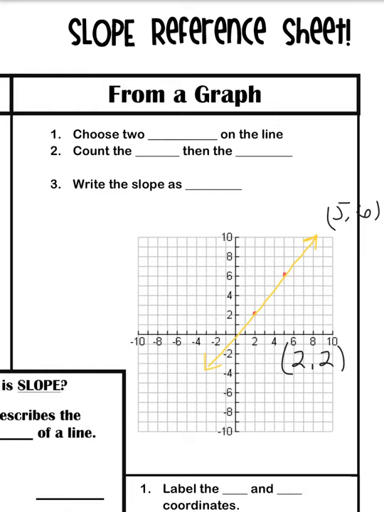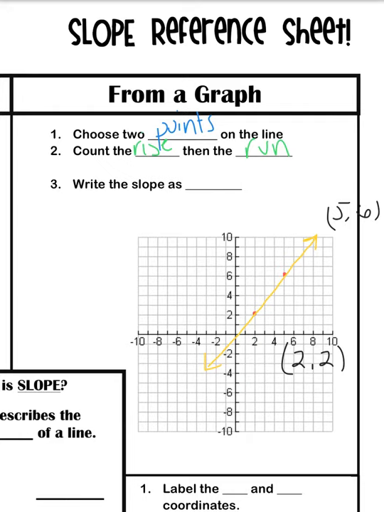Once again, let's fill in our blanks here and go over how we find the slope from a graph. The first thing I need to do is choose 2 points on the line as reference points, or like I said the other day, pretty points. After that, I need to look at the rise over the run. If I was doing that on the graph here, I know that this is a positive slope.